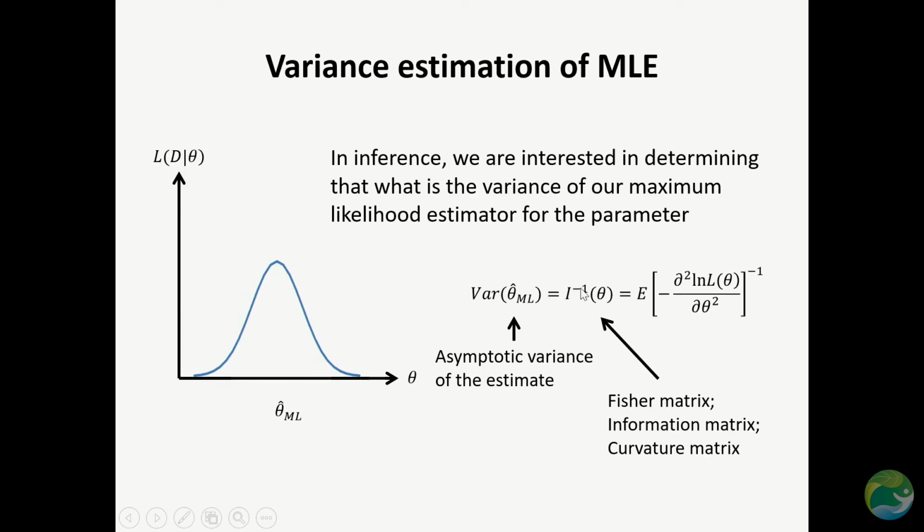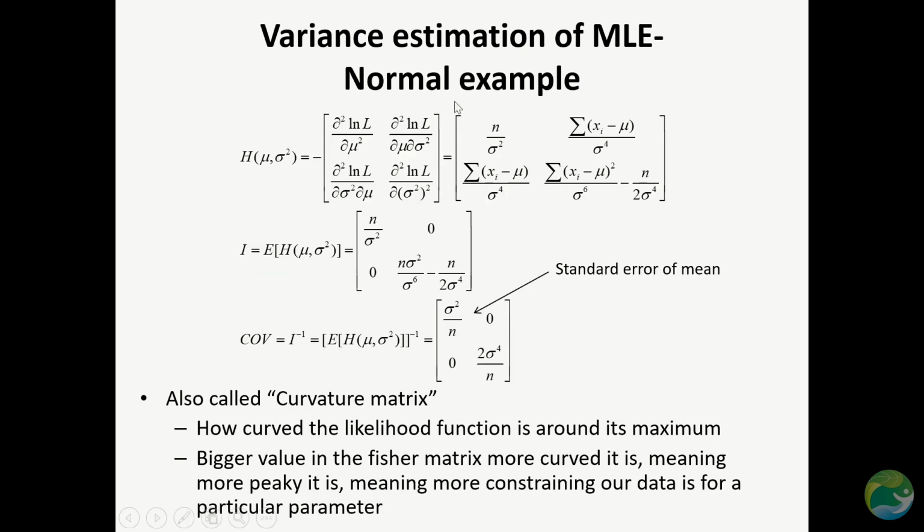So the inverse of the second derivative of the log likelihood can give us the information about the variance of the parameter. Here is the example for the variance estimation of the maximum likelihood in the case of the normal example. Okay?